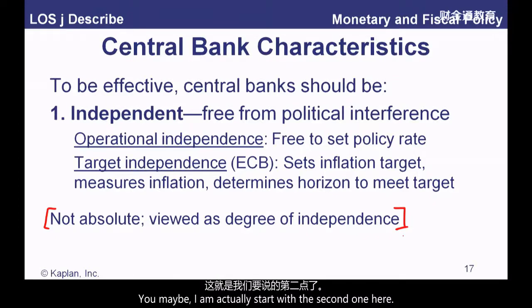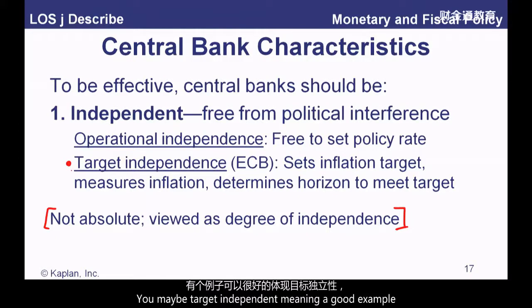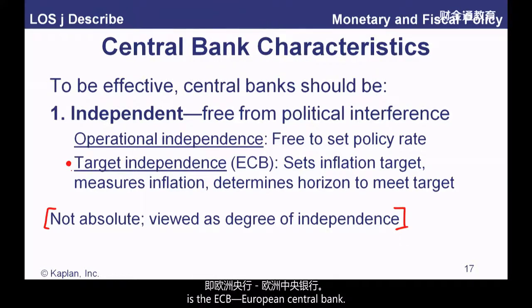I'm actually going to start with the second one here. You may be target independent, and a good example is the ECB, European Central Bank. If you are target independent, it is up to you, the central bank, to set the inflation target. So you set the target, you measure inflation, and you determine when you're going to meet that target.